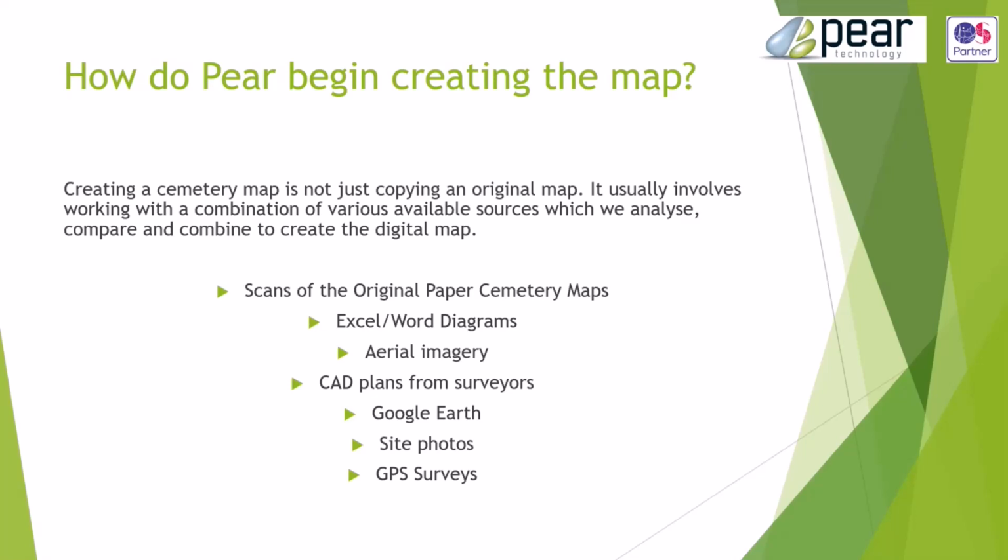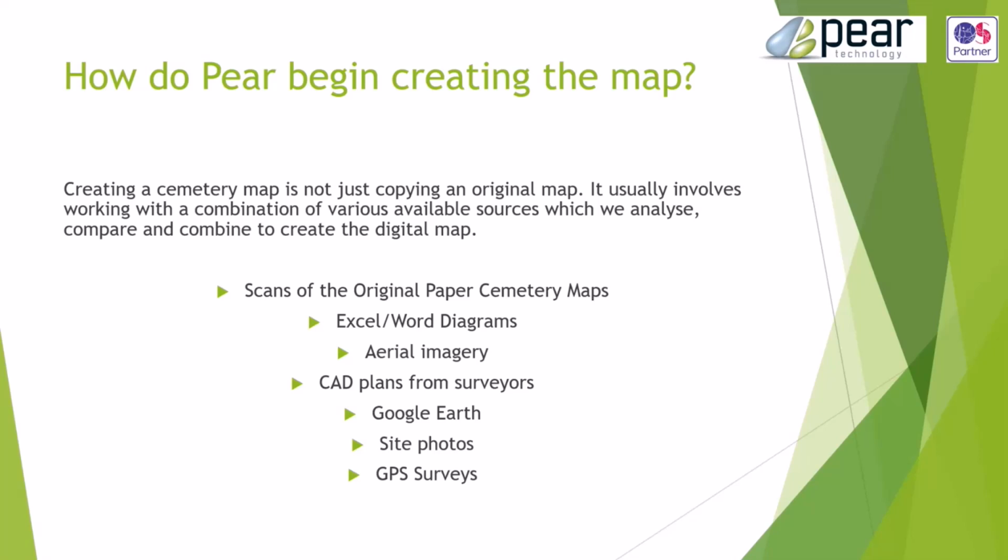So we typically work from paper maps, often when they've been scanned. Excel, Word documents might contain diagrams, aerial imagery, different sources, APGB, Ordnance Survey, from drones. We take in data from CADs, plans, and other GIS applications as well.